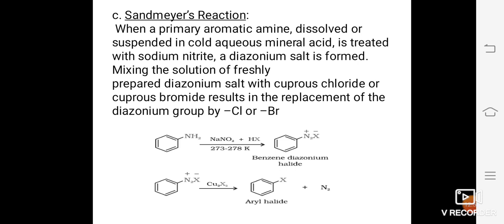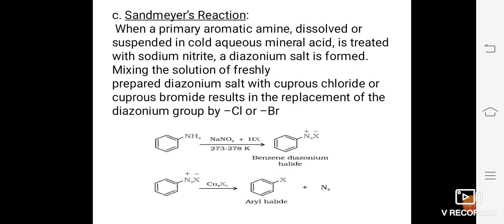That means both the solutions, the solution of sodium nitrite and the solution of HCl or HBr, are cooled to 0 degrees and mixed together, where we get an intermediary product called the benzene diazonium halide.